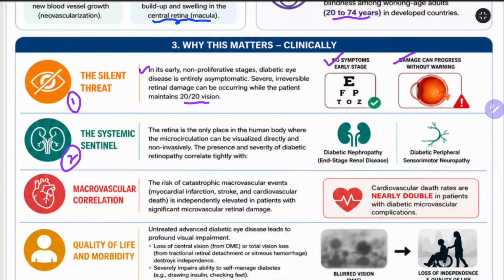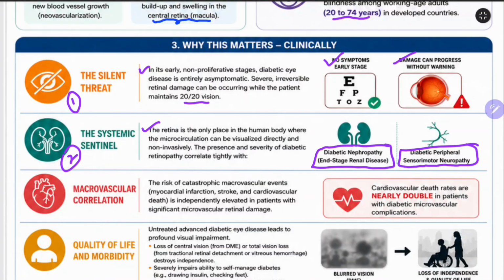Second point, why should we study is the systemic sentinel. What is that? The retina is the only place in the human body where the microcirculation can be visualized directly and non-invasively. The presence and severity of diabetic retinopathy correlate tightly with diabetic nephropathy and diabetic peripheral sensorimotor neuropathy.